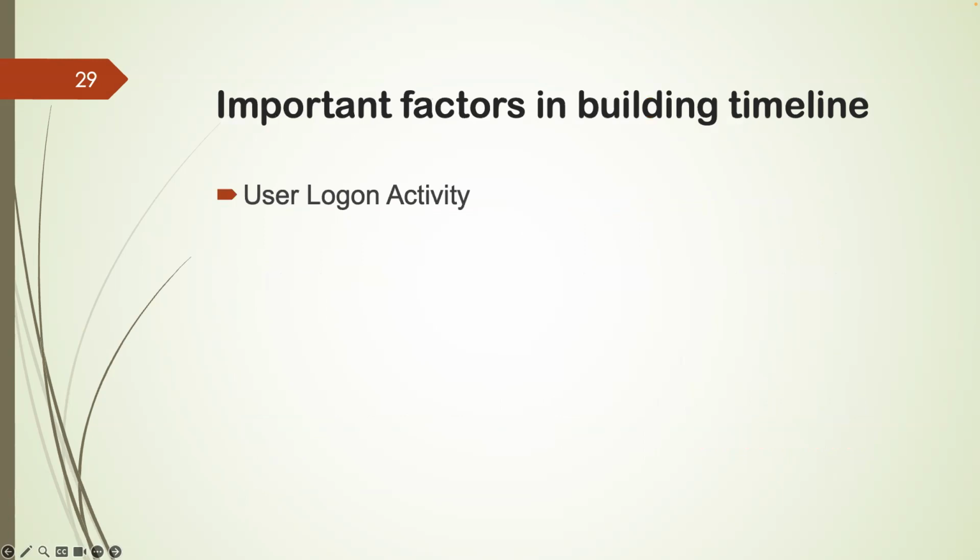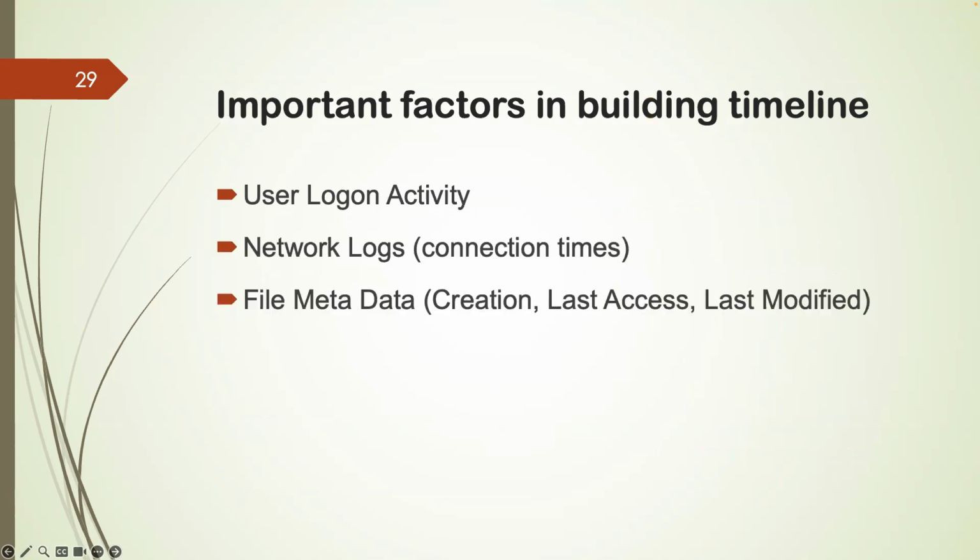Before going into that, we will look into some important pieces of artifacts that you can look into in order to create a timeline. User logon activity is a good thing to give you an idea of when an event happened, when the user logged in. Network logs and connections show when a connection was established, at what time, and by what process.